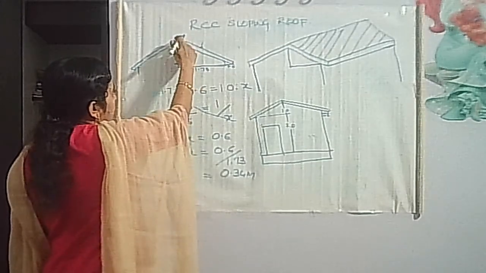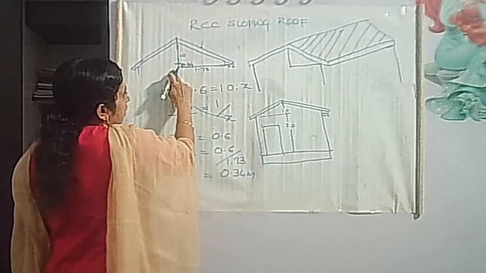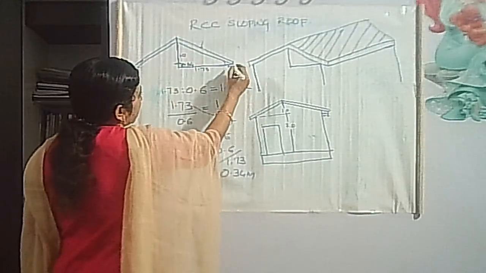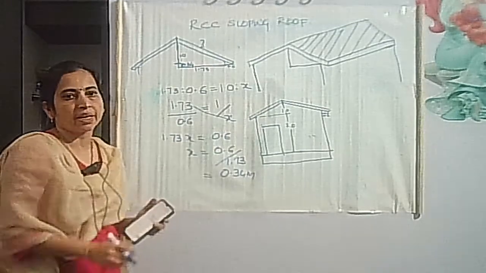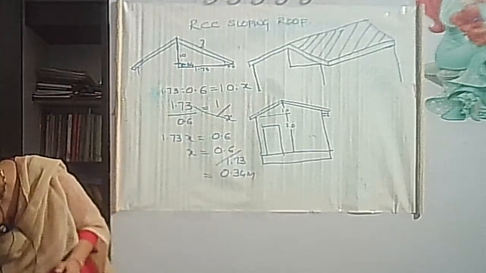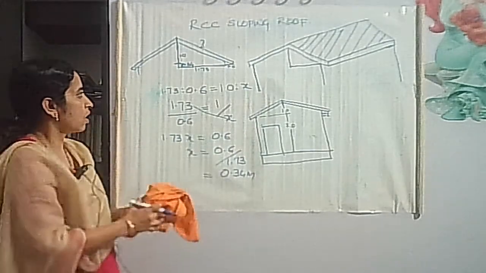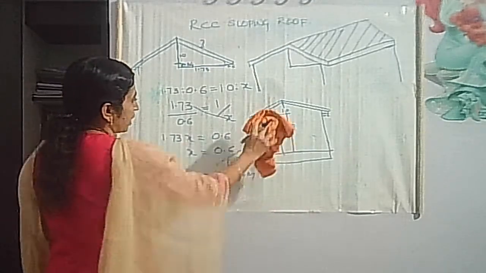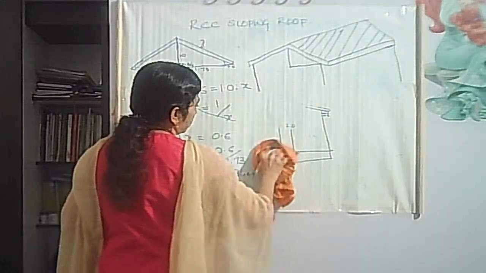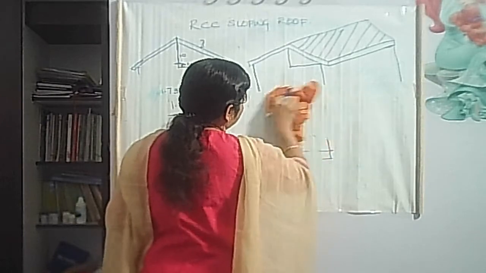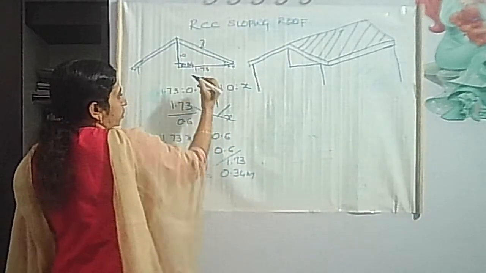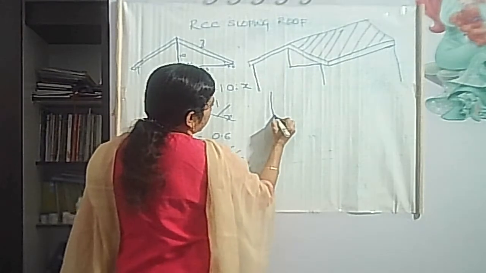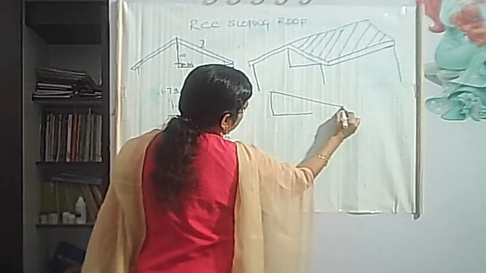So, this is totally 1.34 meter, this is 1.73 plus 0.6, then we can find out this slope length by applying the Pythagoras theorem. So, how will you apply the Pythagoras theorem? I will just show you. So, this distance is 1.34. So, this is your right angled triangle.